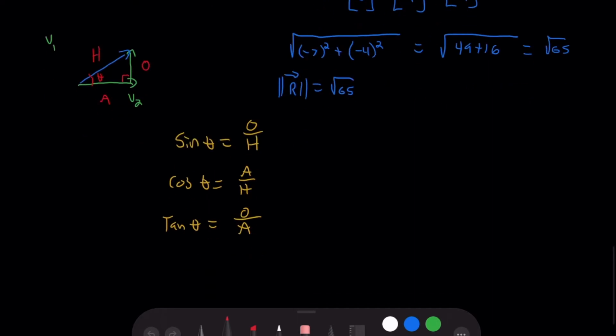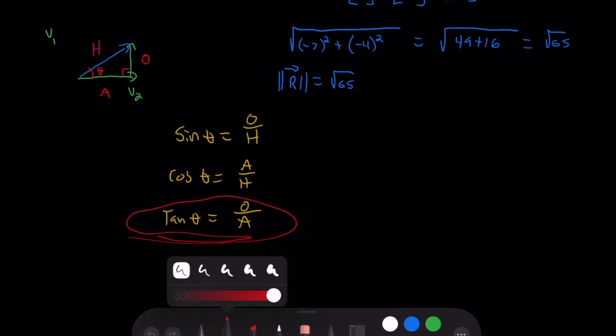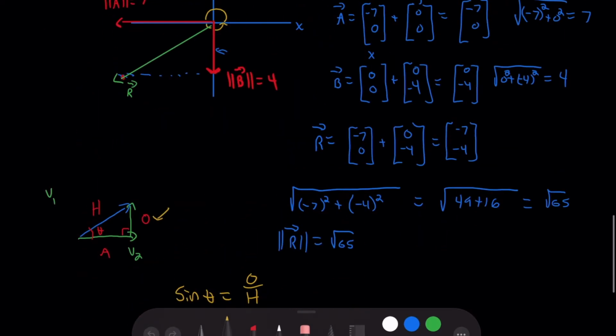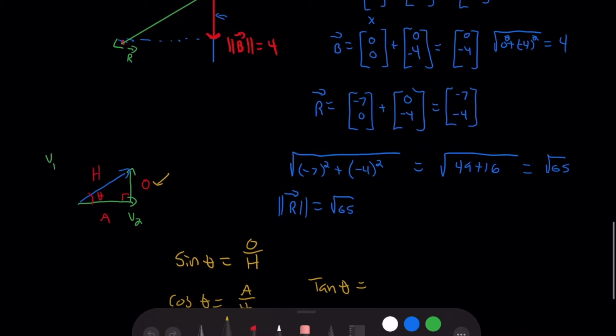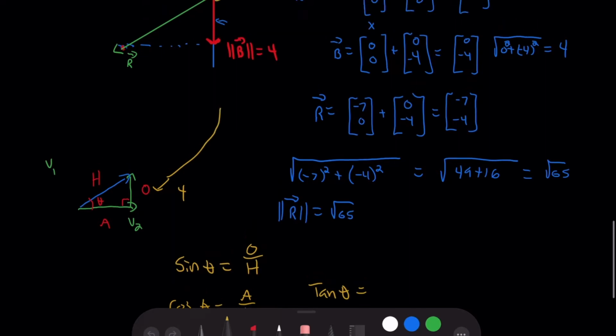To find theta, we are going to use tangent. Tan theta is equal to the opposite, which is the magnitude, just this length here, which is 4.